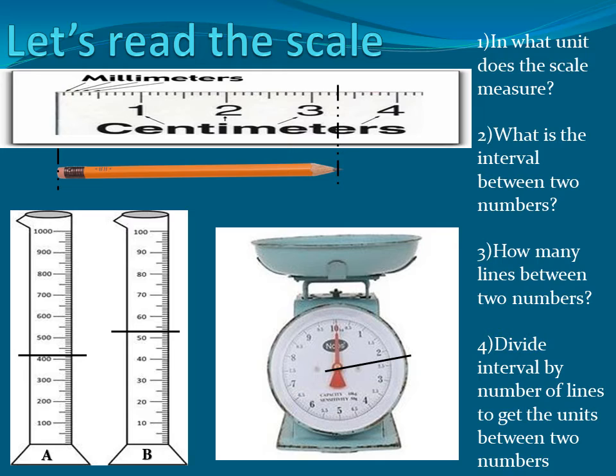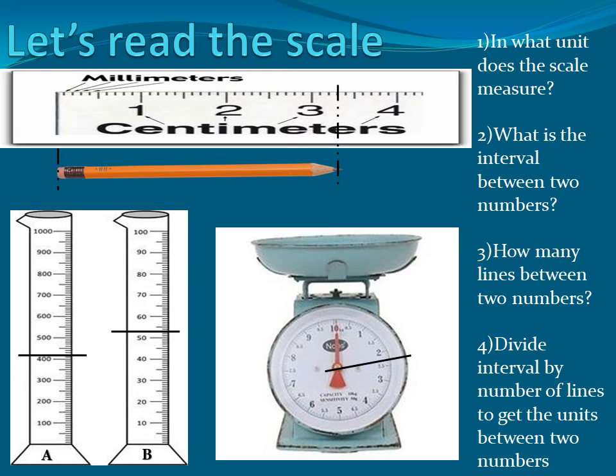Now in test tube B, we're adding 1 unit, because the difference between the interval is 10 and the lines in between is 10. 10 divided by 10 is 1, because the fourth point I have here says divide the interval by the number of lines to get the units between the two numbers. So it is 1 unit each. The 10 lines represent 1, 1, 1.